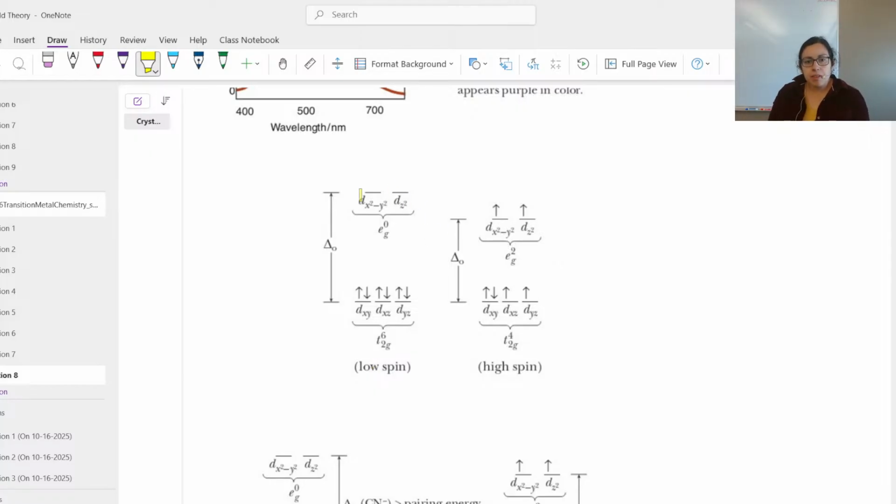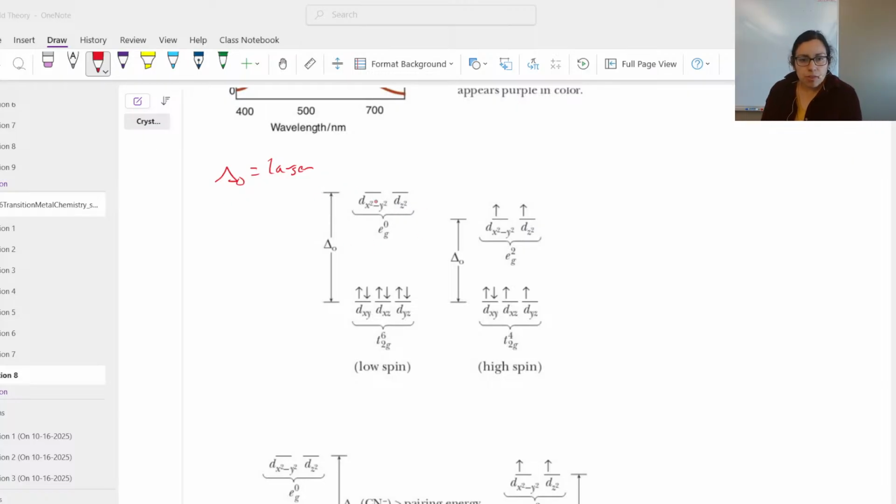But depending on this, if our crystal field splitting is large, then we tend to have what's called a low spin complex. So it's not going to be favorable to put electrons in these orbitals. So instead it's going to pair them. Basically, if we're quantifying this, we would say, what is the price that we pay for pairing versus what is the price to put it in this higher energy orbital?